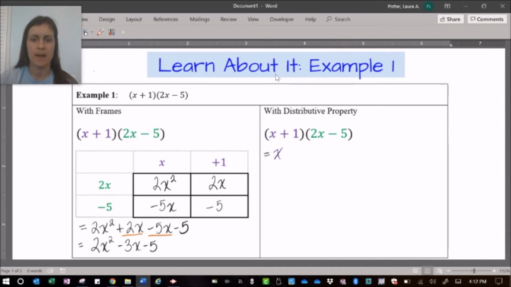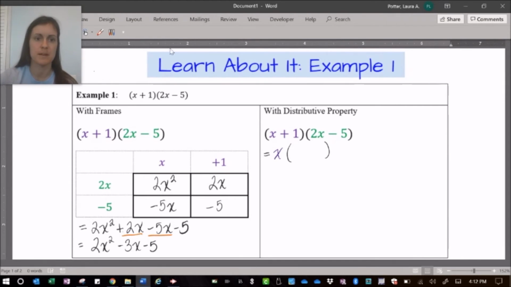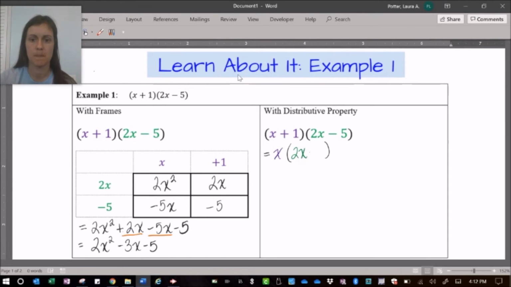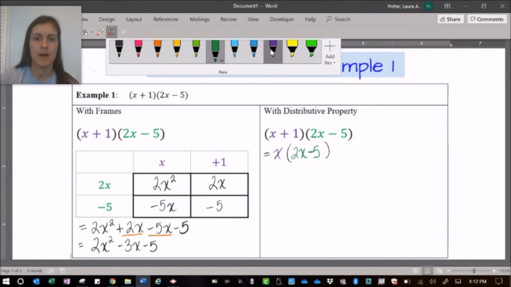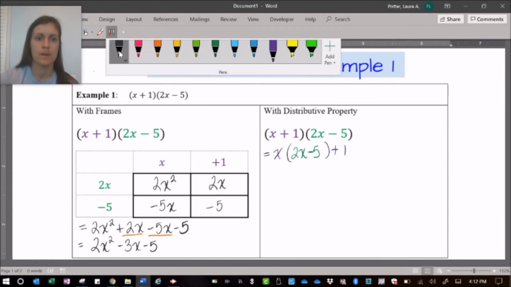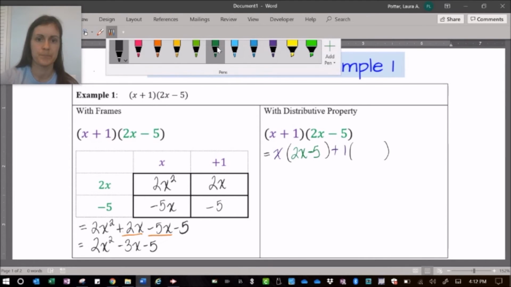I'm going to start with x, and I'm going to multiply that by 2x minus 5. Then I'm going to add 1, which is the second term in my first binomial, and I'm going to multiply that by 2x minus 5.